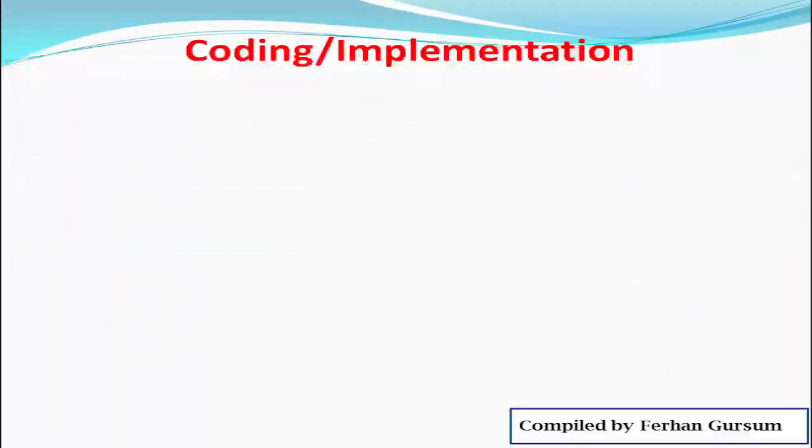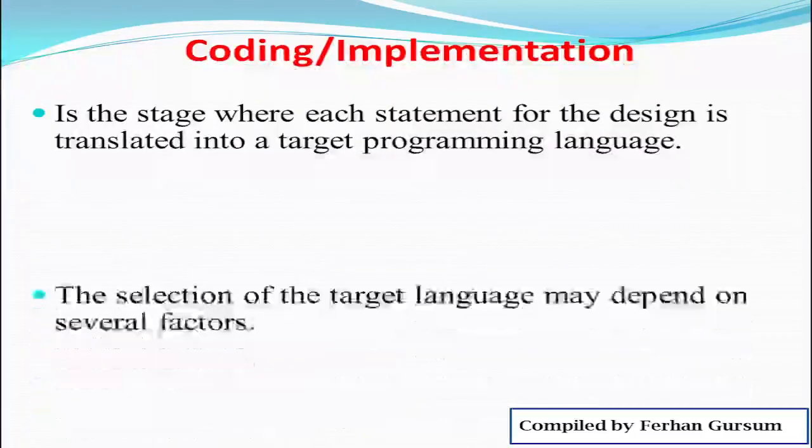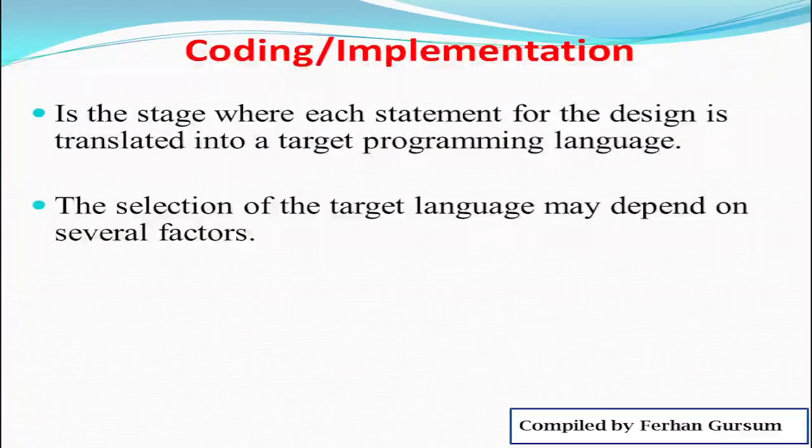The third stage is coding. After we analyze our requirements and after design, we are going to coding, or implementation. Coding, also called implementation, is the stage where each statement of the design is translated into the targeted programming language.